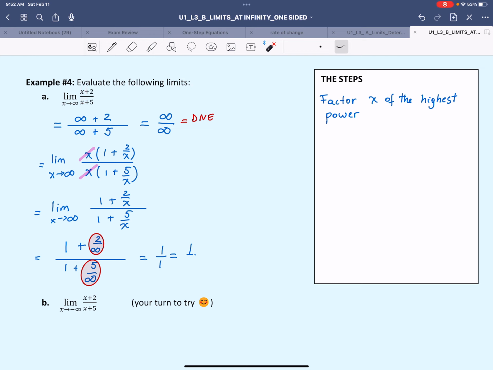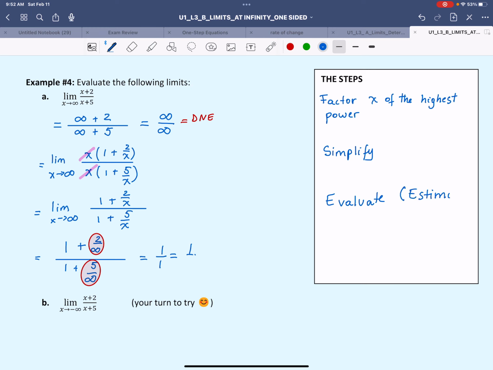So we may have a higher power in the numerator, higher in the denominator. You have to take out the highest power of the numerator, the highest power of the denominator. But we'll explain that in the coming examples. And then once we do that, we simplify the common factors. And lastly, we evaluate, or should we say estimate? Because it really is an estimation.